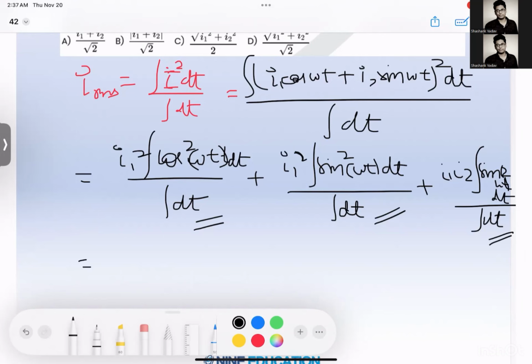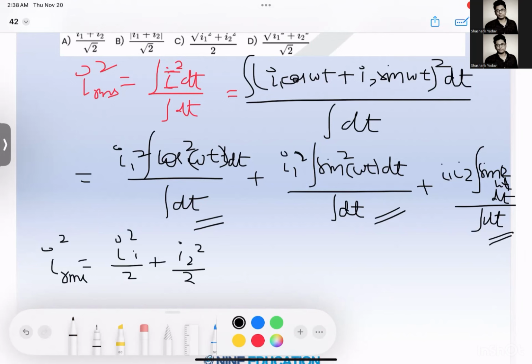Here the expression is I RMS square is equal to integration I square dt by integration dt. So I RMS square is going to be I1 square by 2 plus I2 square by 2.